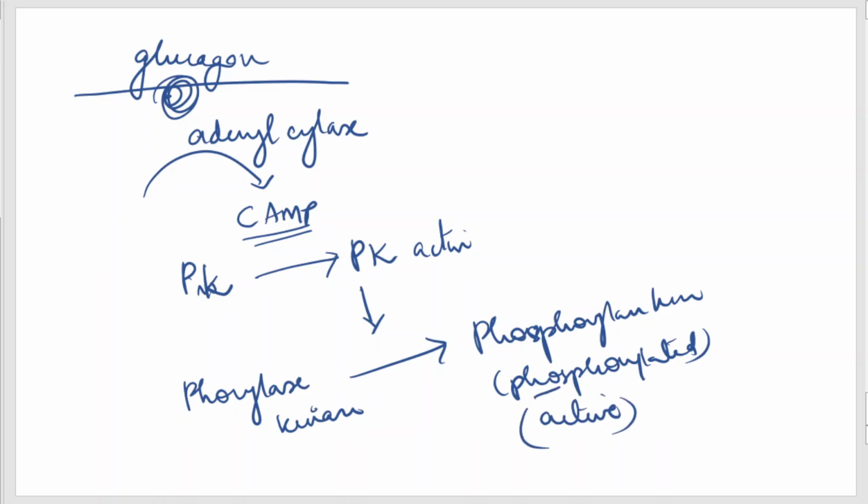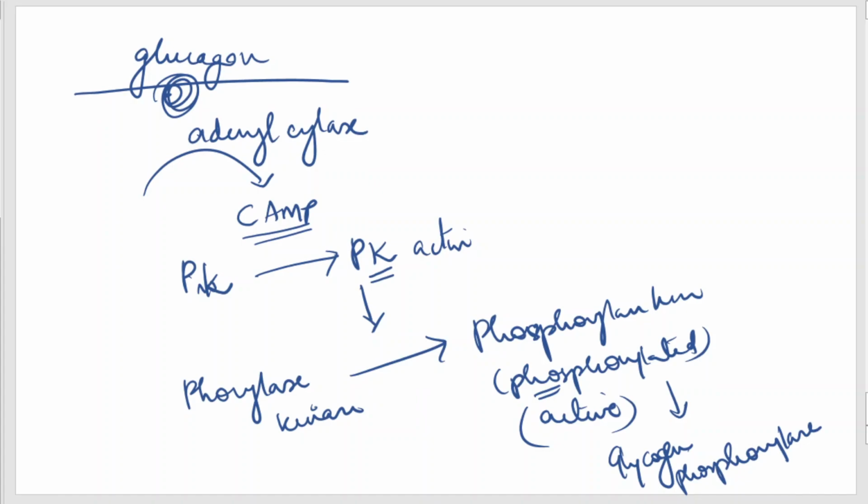That phosphorylation is done by the active protein kinase. Now this phosphorylase kinase will phosphorylate the glycogen phosphorylase enzyme, and phosphorylation makes glycogen phosphorylase active.